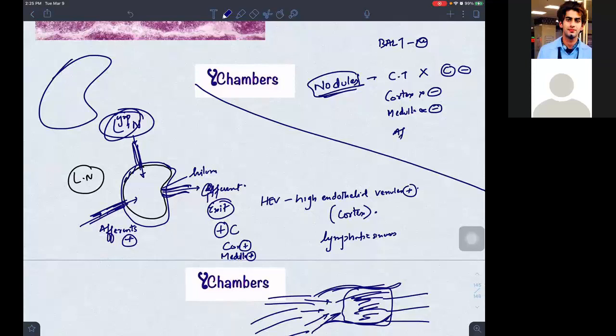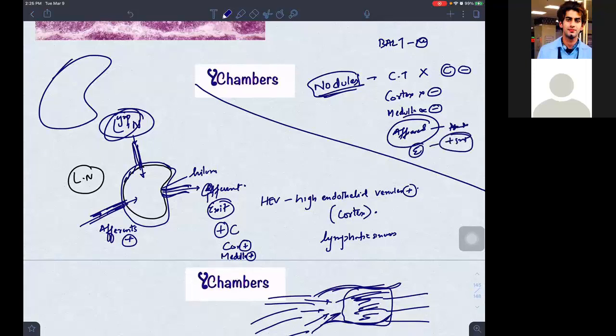Nodules don't have afferents, but yes, they have efferents. Efferents mean lymphatic vessels exiting from that organ. So we will say afferents absent, efferents present.